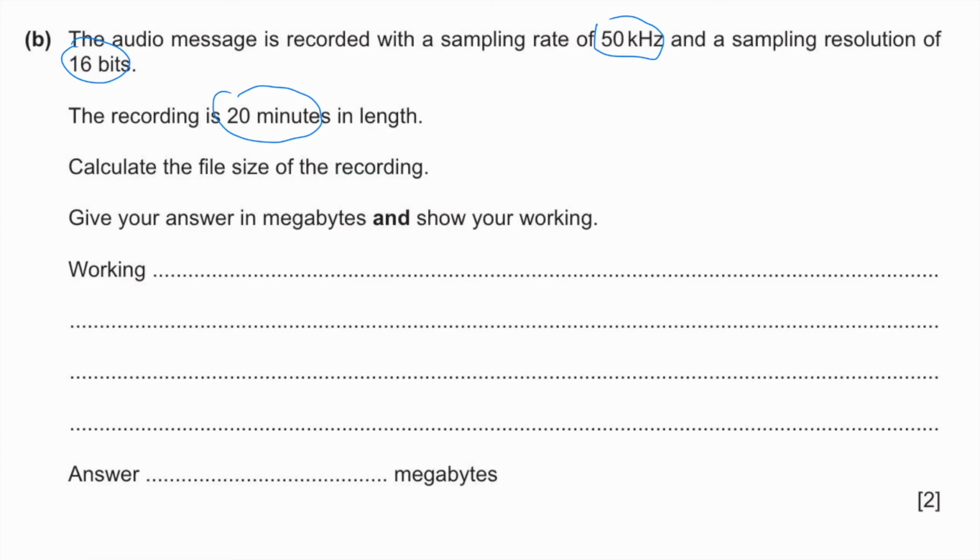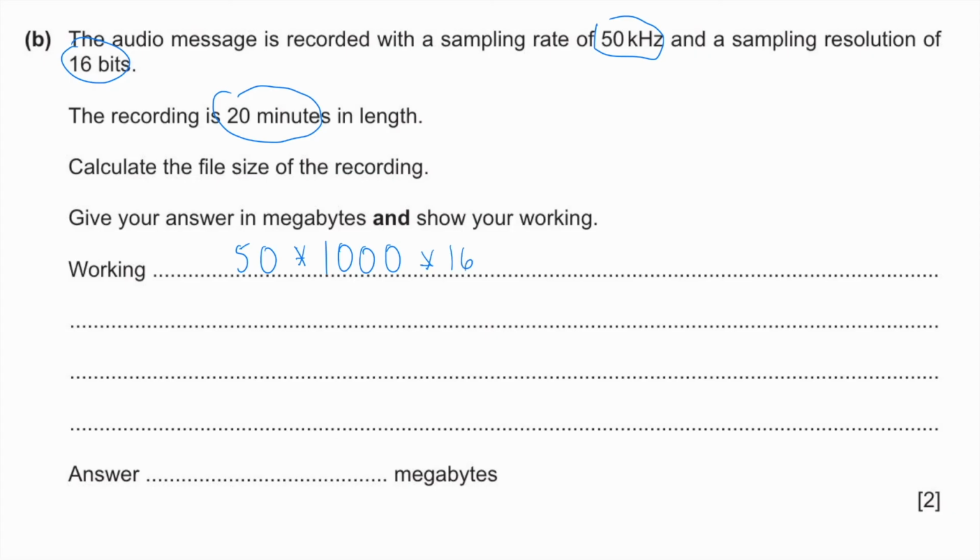But we have 50 kilohertz, right? So that means that we're sampling the audio 50,000 times per second. And for each one of those samples, we have 16 bits. So we're going to do 50 times 1,000 for each second. And so that's 50,000 samples per second times 16 for each one of those samples.